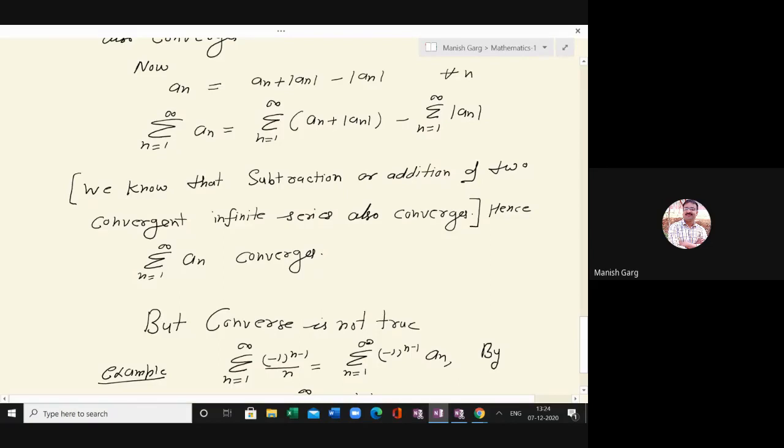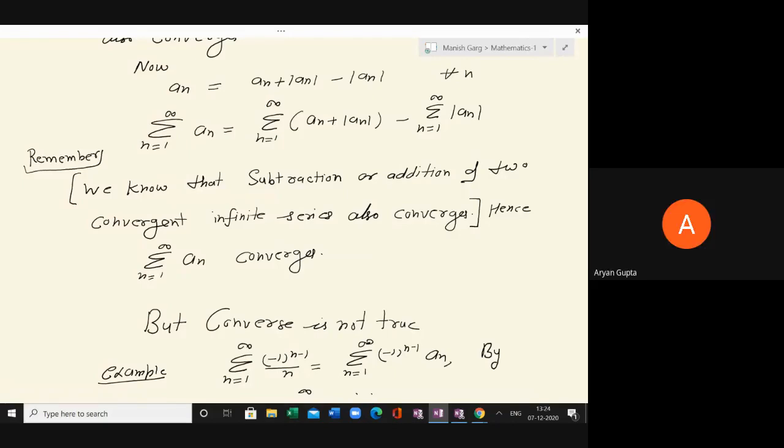This is a result, you remember, this is actually a theorem. I am not proving it, the proof is simple. If you have two convergent series, then their addition and subtraction is also convergent. This is actually a theorem. Okay, if any one is divergent then you cannot say anything about the series which is obtained by addition or subtraction. Clear point?